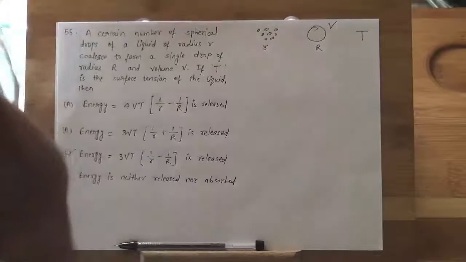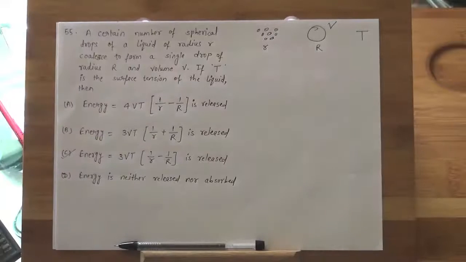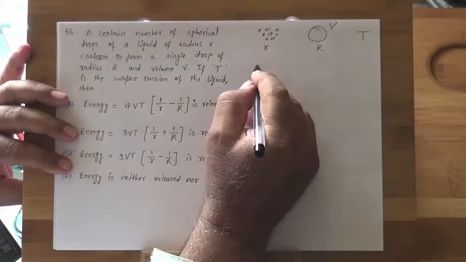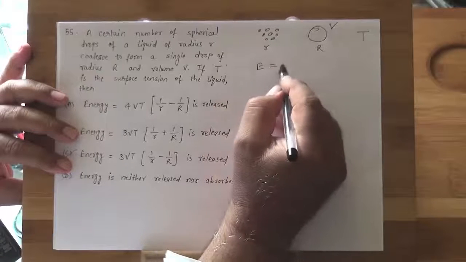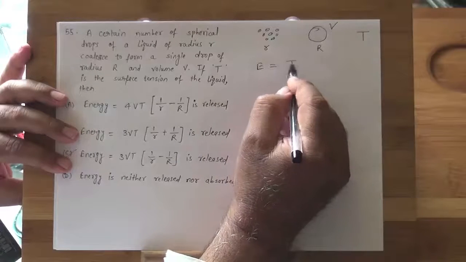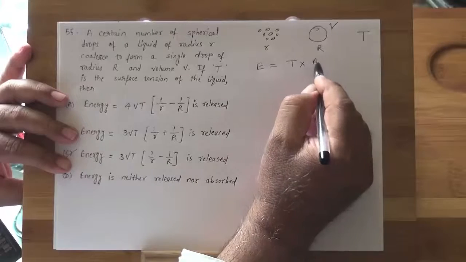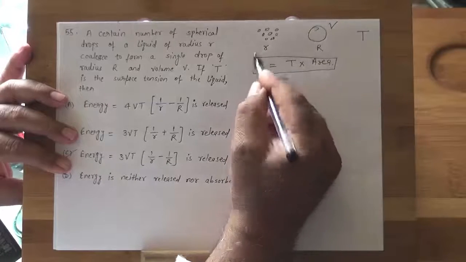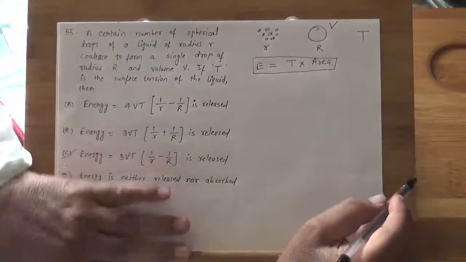These are having surface, and the surface energy, that is energy due to surface tension, is also given by a formula that energy is equal to surface tension, let us say T, multiplied by area. This is one formula, and there is another formula.